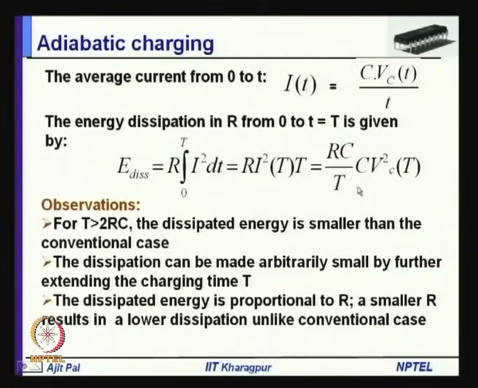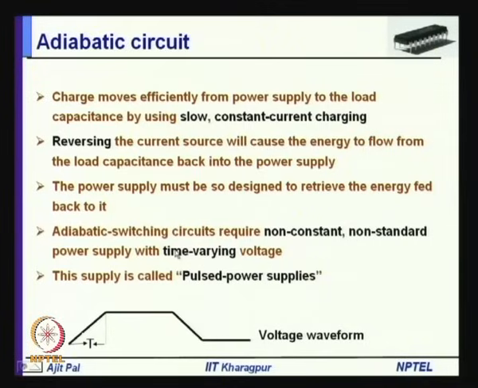But in the case of adiabatic charging, when a time varying voltage is slowly applied, which gradually rises from 0 to V C or V D D, obviously R appears in the expression. So, this is how we can reduce the energy dissipation. This is the basic idea behind adiabatic charging.